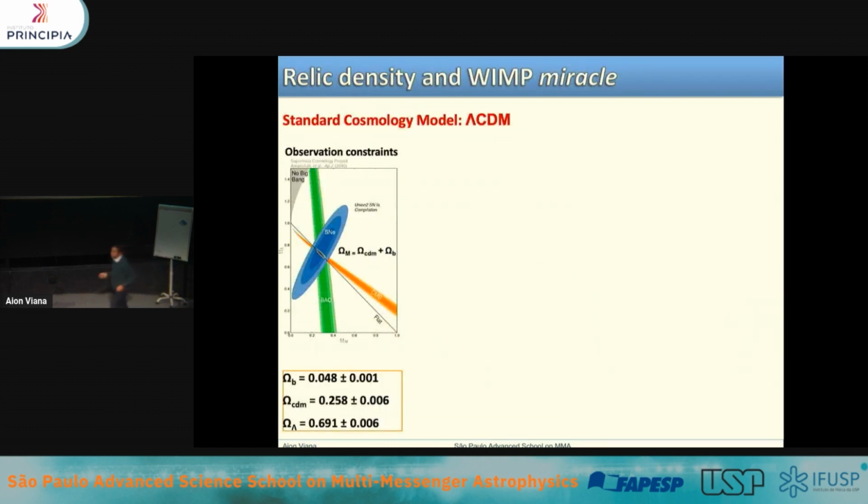Now, let me tell you a little bit about what we call the WIMP miracle, or what is understood as the analysis of the relic density for a hypothetical new particle.